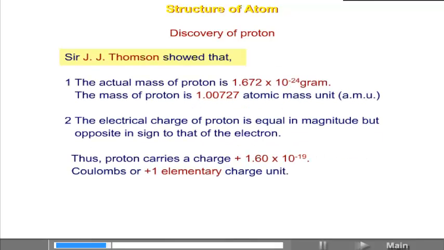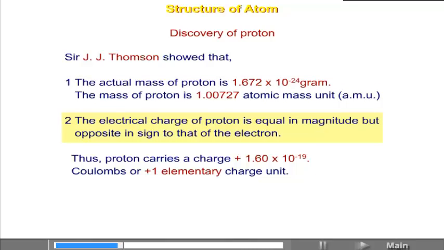Sir J.J. Thomson showed that, first one, the actual mass of proton is 1.672 × 10^-24 gram. The mass of proton is 1.00727 atomic mass unit, which is AMU.